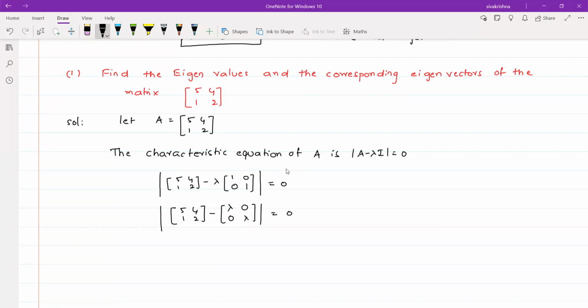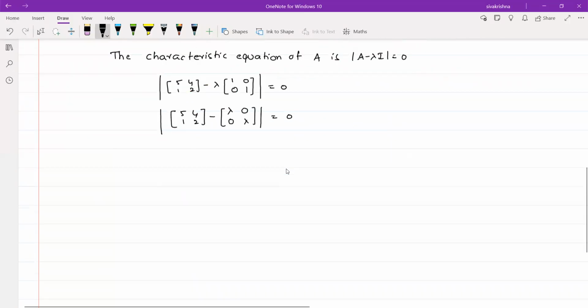Now we have to subtract those two matrices within the determinant. So 5 minus lambda is 5 minus lambda, 4 minus 0 is 4, 1 minus 0 is 1, and 2 minus lambda is 2 minus lambda. So this is the value of determinant of A minus lambda I.